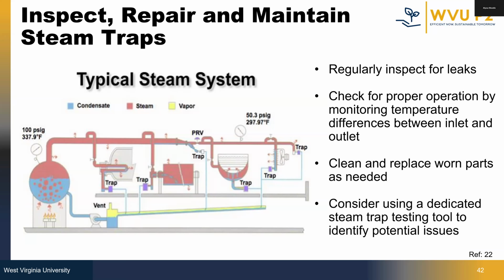One simple check is to compare the temperature at the trap's inlet and outlet, and if they're the same, it may not be working properly. Worn or clogged traps should be cleaned or replaced as needed, and using a dedicated steam trap testing tool can help identify issues early on. Maintaining steam traps ensures that steam is used effectively for heating or process needs rather than being wasted, saving both energy and cost.